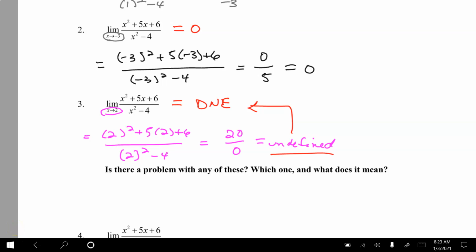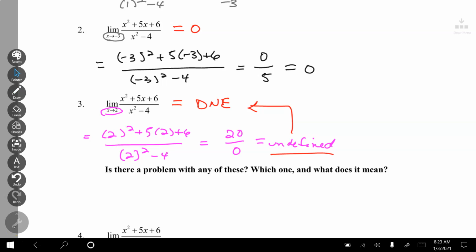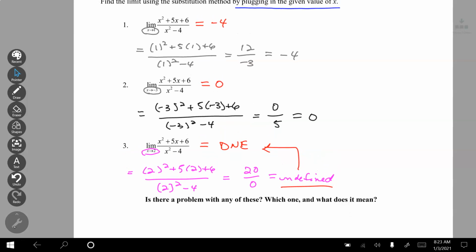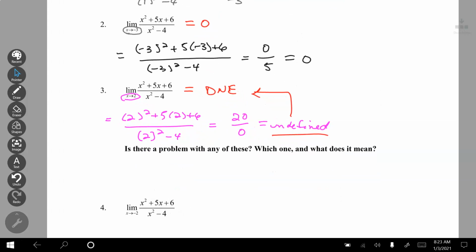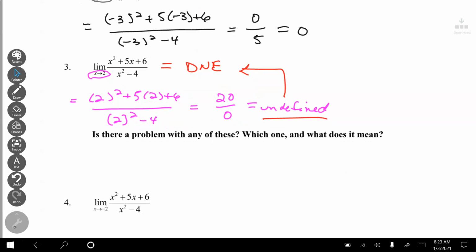So going back to the 3 problems we've done, we plug in the numbers for x that they tell us to, and the first one was -4, the second one was 0, and the last one was DNE. So what's going on here? Is there a problem with any of these? Yeah. On number 3, I got a number divided by 0, which is undefined, but I cannot put that.